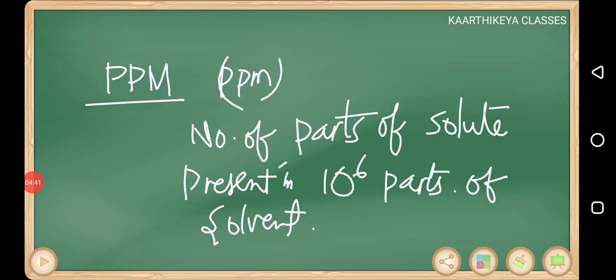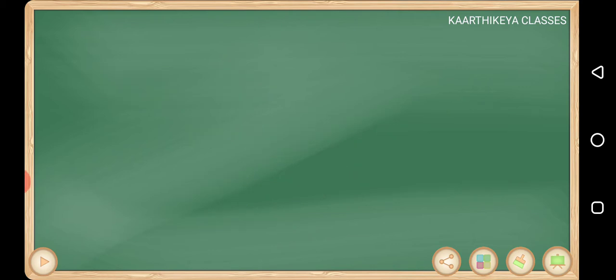More than this, the molarity and normality terms are important. About parts per million we'll discuss in hardness of water. I will give you one special video related to that. And hydrogen peroxide concentration is also very special. That we'll also discuss under a particular topic.